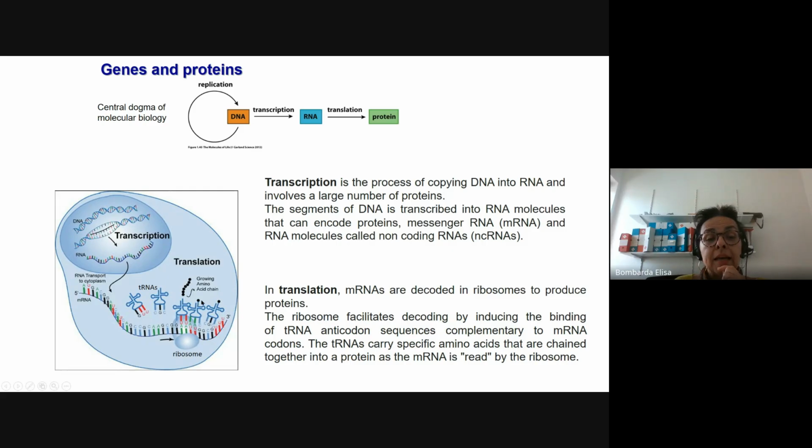It comes from here and brings, so it has linked, an amino acid. So it reads the codon and it's like calling the appropriate amino acid to form the sequence of the protein. The amino acids are chained together, the protein gets formed, and then, of course, there is a dissociation of the tRNA.